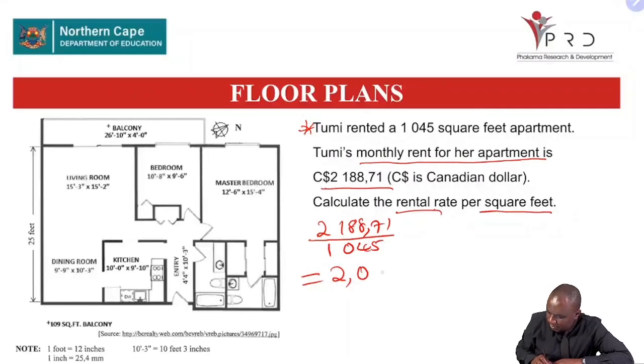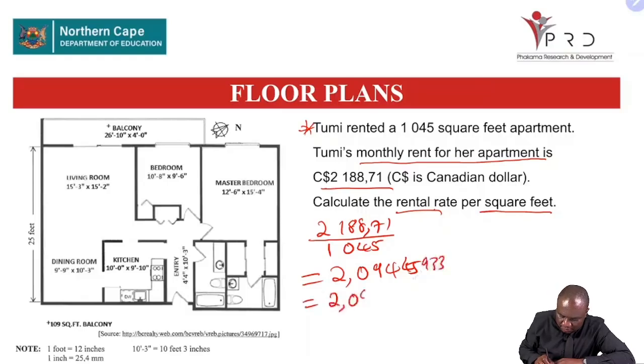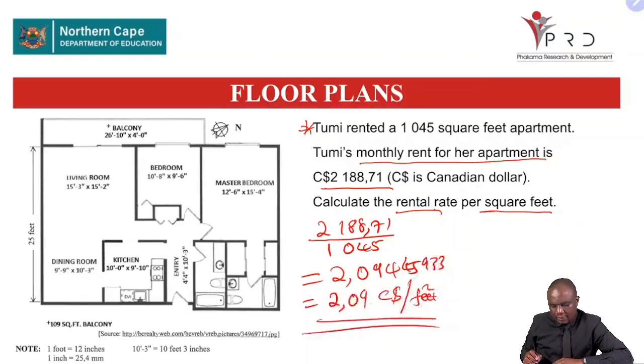Let me write it before rounding off: 2.0945933, which is 2.09 Canadian dollars per square feet. That's right. 2 Canadian dollars and 9 cents per square feet.